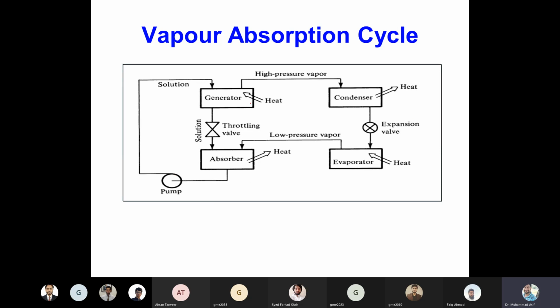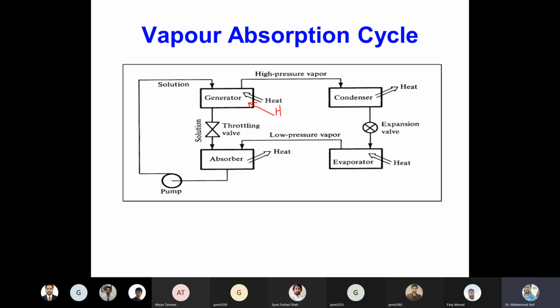For example, compared to the generator input, in the form of heat energy Q, the heat is so high that we normally neglect the input of the pump. So that's why the vapor absorption cycle is mainly a heat driven cycle in which we provide heat input.